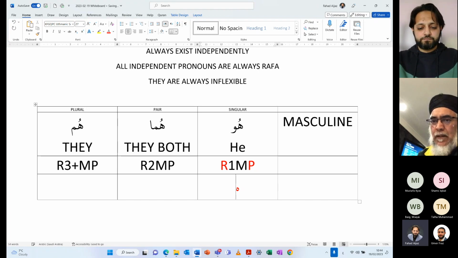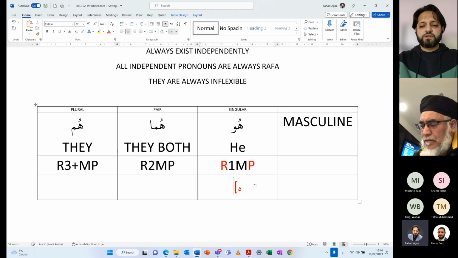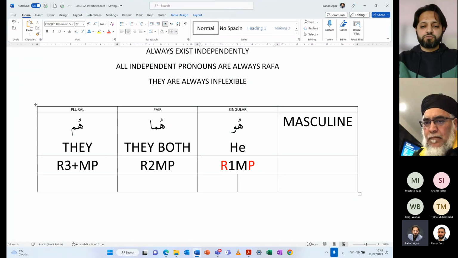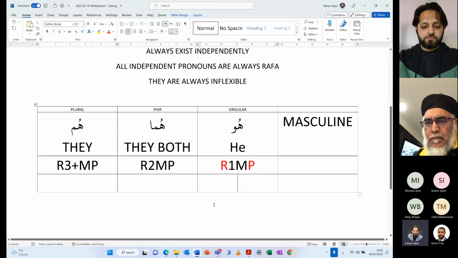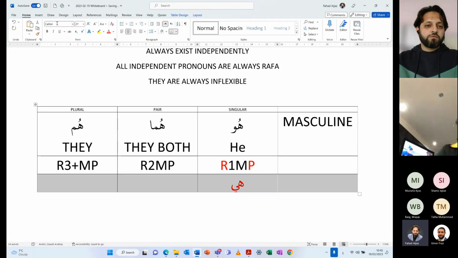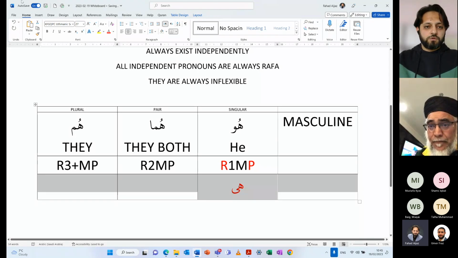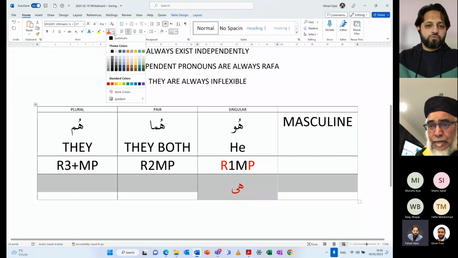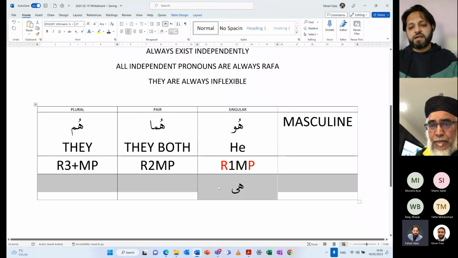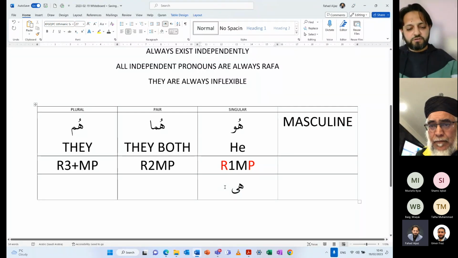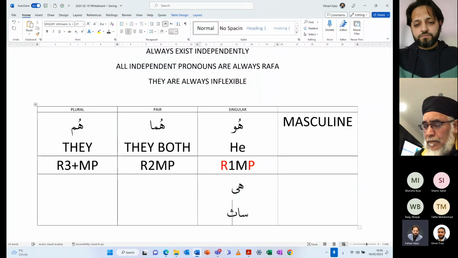I'm just trying to think how to make the ya with the two dots under it. It's not coming across. I think it's a font thing. Anyway, it's usually ya with two dots under it. So this is she: hiya.